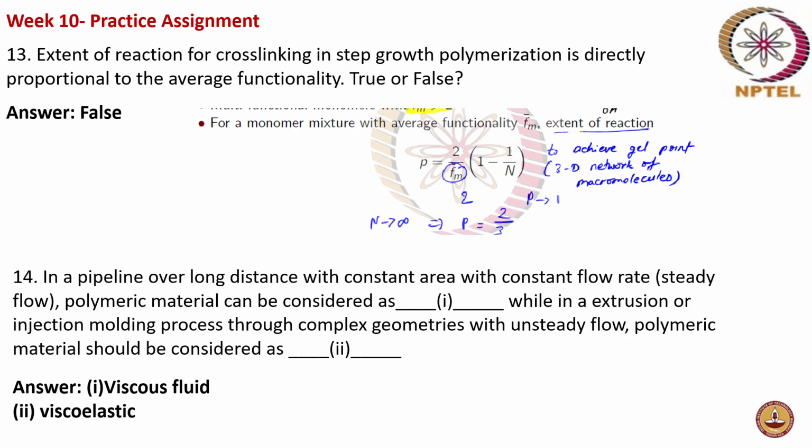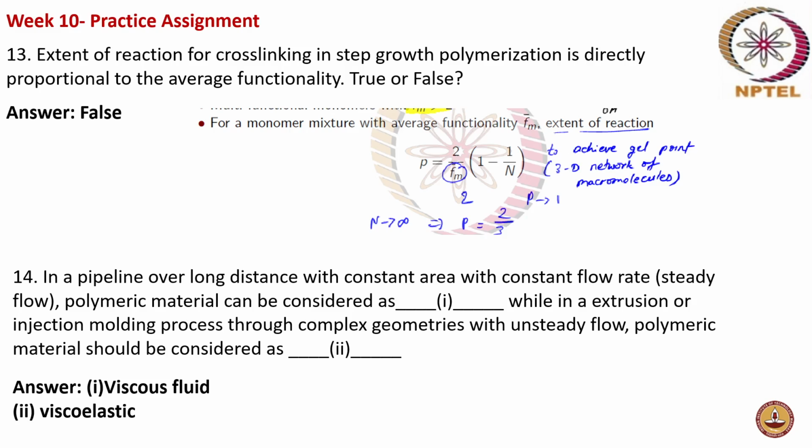If we consider the polymer as a viscous fluid in an extrusion or injection molding process, you will not end up with the proper design of the extruder, and you will end up with die swelling. So we have to consider the flow behavior, because it is in a melt form, but the elastic properties also have to be considered.